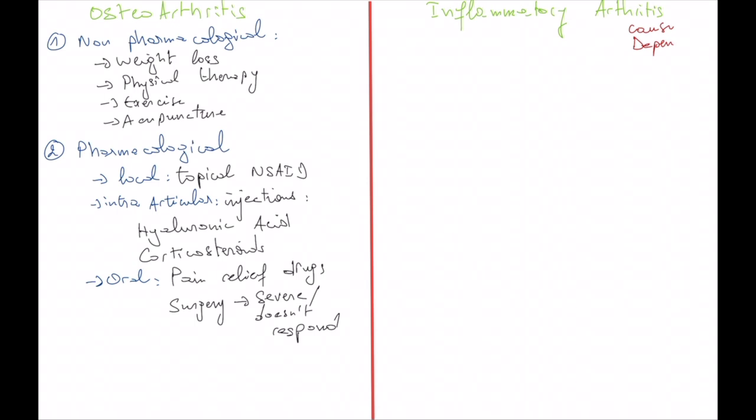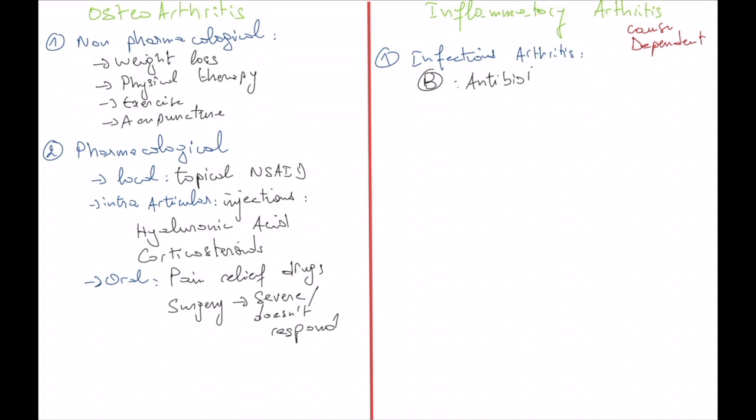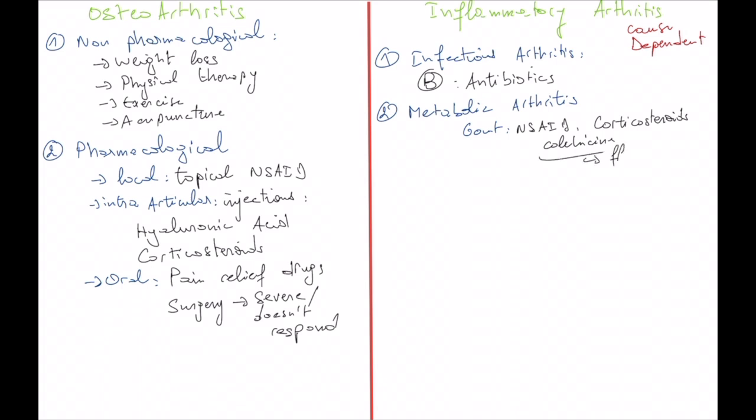Now, for inflammatory arthritis, it's cause dependent, meaning it depends on the cause. If it's an infectious arthritis due to bacteria, the treatment is with antibiotics. For metabolic arthritis, if it's gout, we treat the flares with colchicine, corticosteroids, and non-steroidal anti-inflammatory drugs.